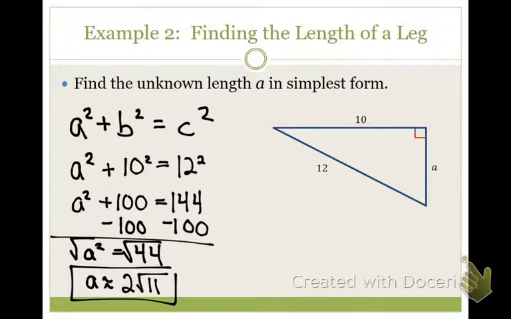Why did they pull the 2 out? Why is the 2 on the outside of the square root? This is what we learned yesterday. Why isn't my final answer just the square root of 44? Okay, so 11's not a perfect square, so it stayed underneath. And if they pulled the 2 out, what did that mean about the factors of 44?